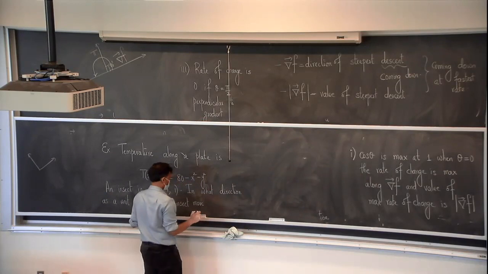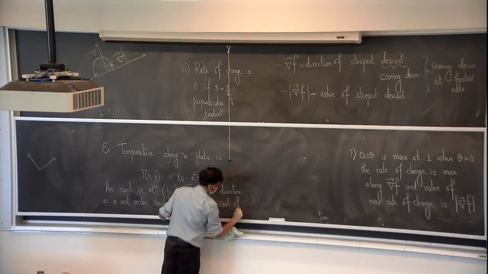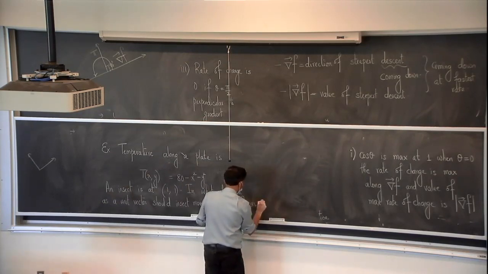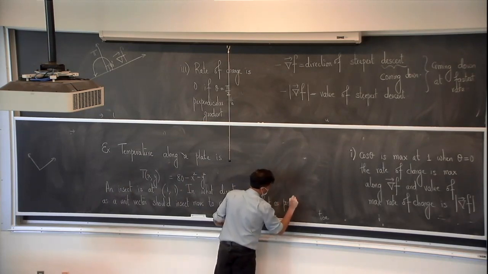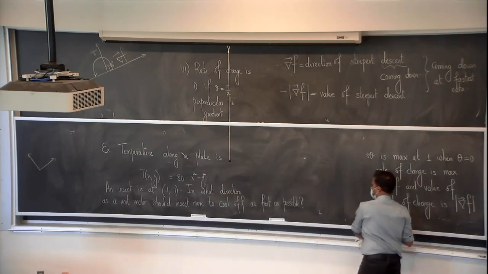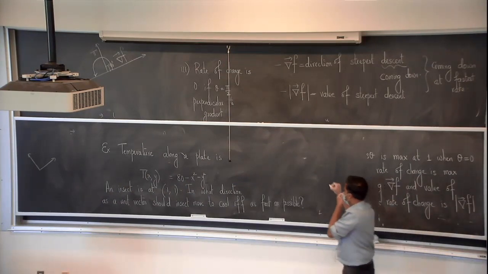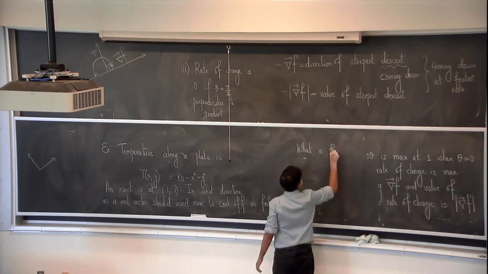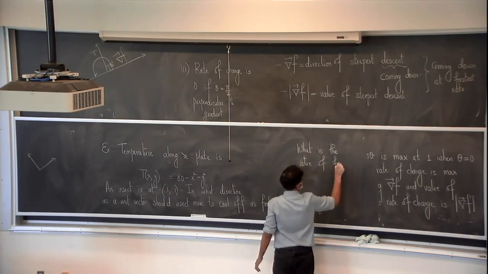So in what direction as a unit vector should the insect move to cool off as fast as possible? I'm hoping that's what it wants to do. And what is the magnitude, or what is the value, of the fastest rate of cooling?